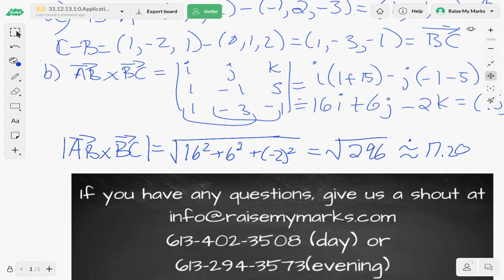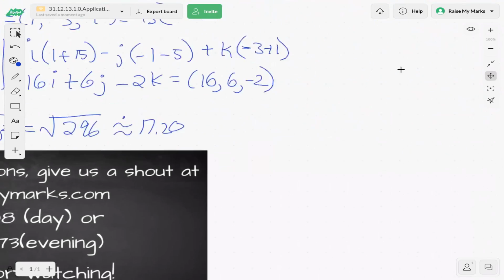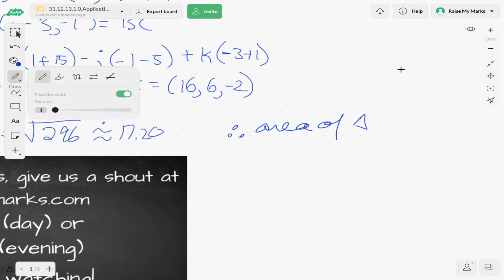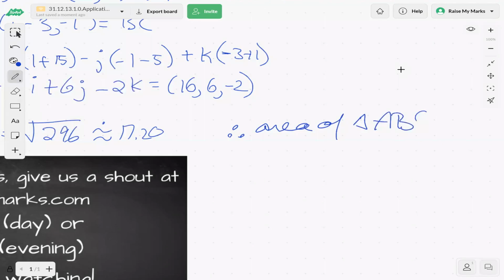However, we're looking for the area of the triangle, so therefore area of triangle ABC equals 1/2 of the square root of 296.